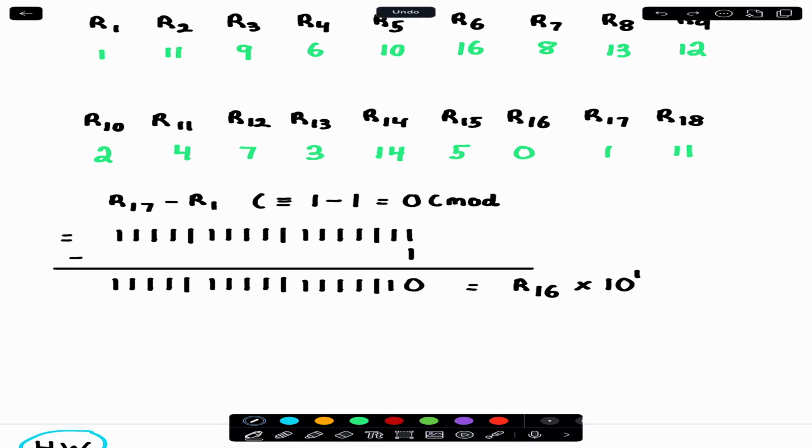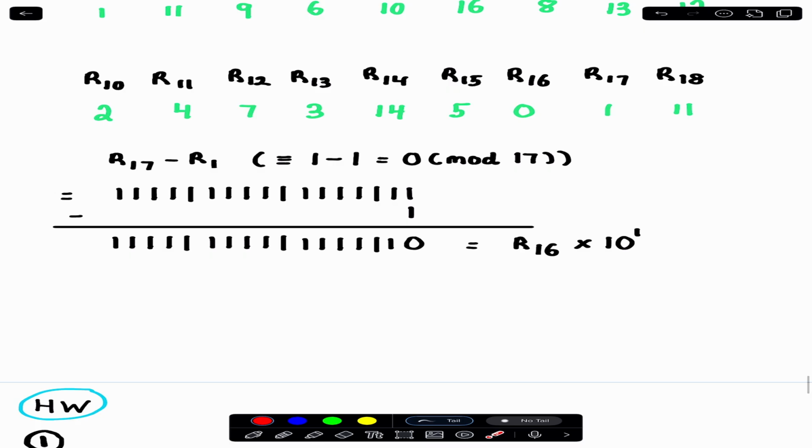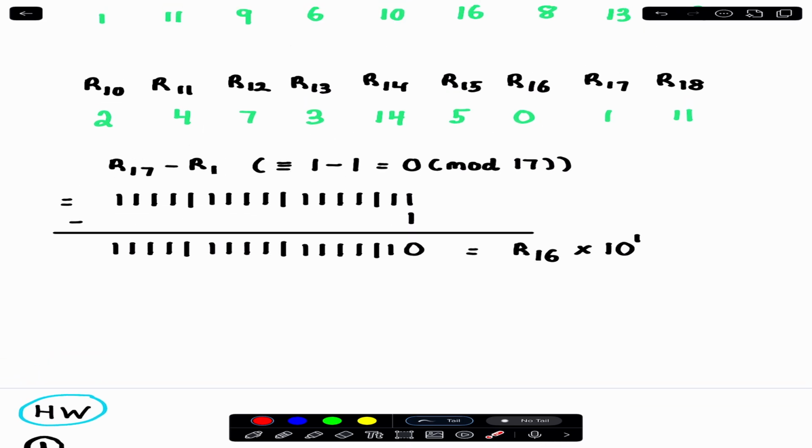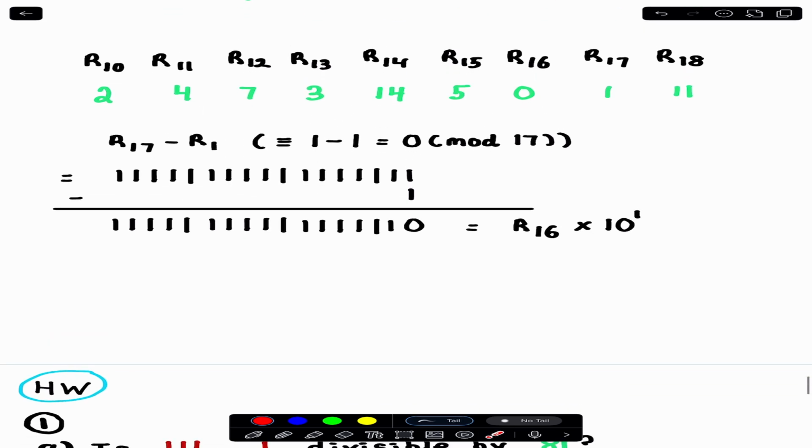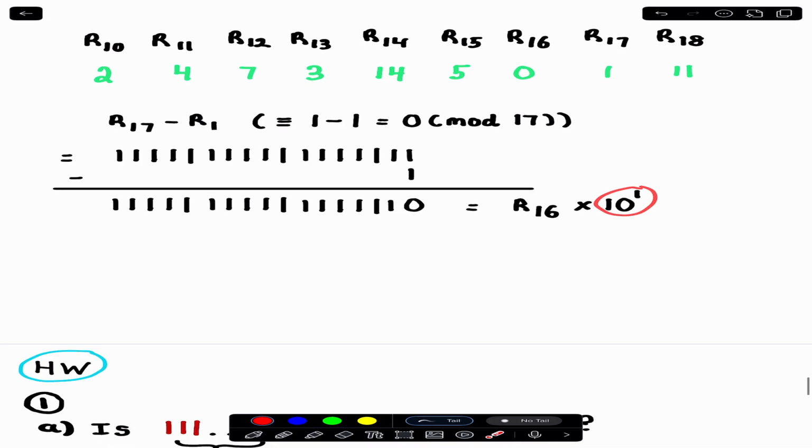Oh, in this case, n is 17. So it should be congruent to 0 mod 17, so it has to be divisible by 17. Now the GCD of 17 and 10 is 1, which means 17 is divisible by R16.